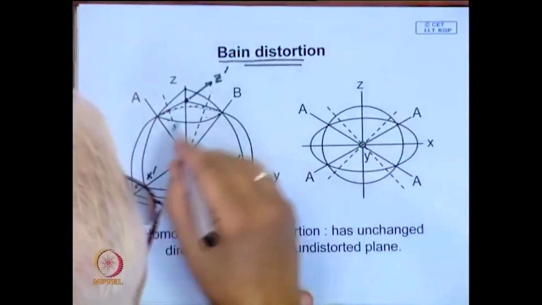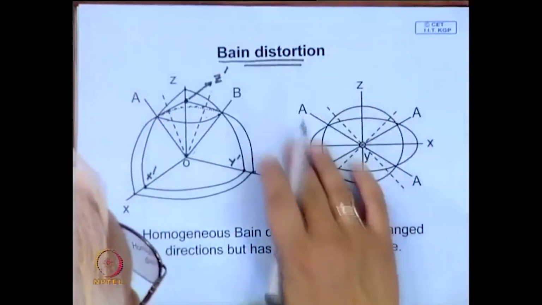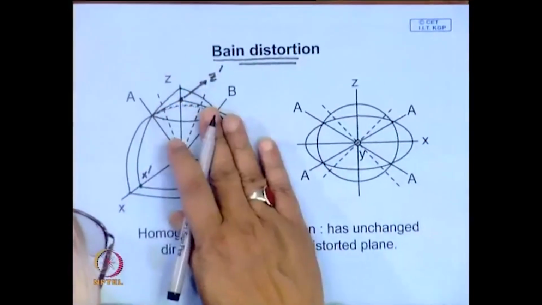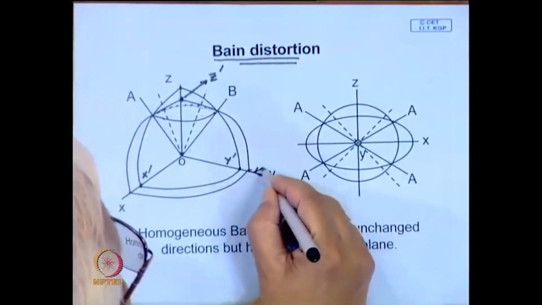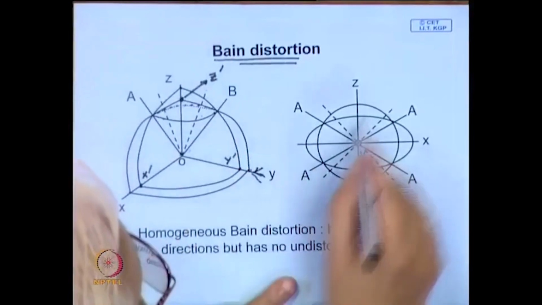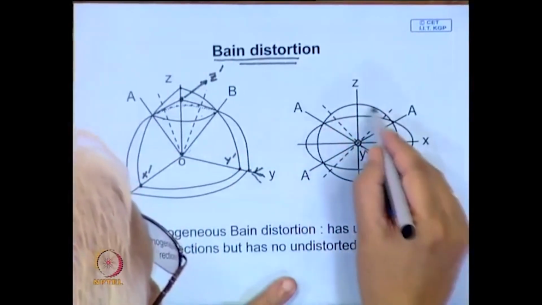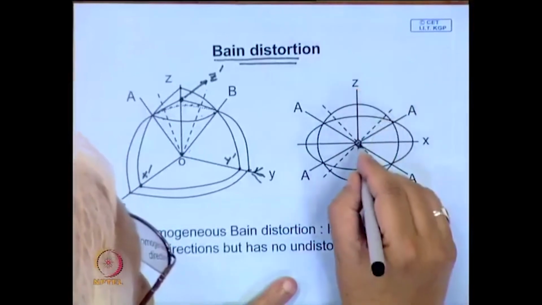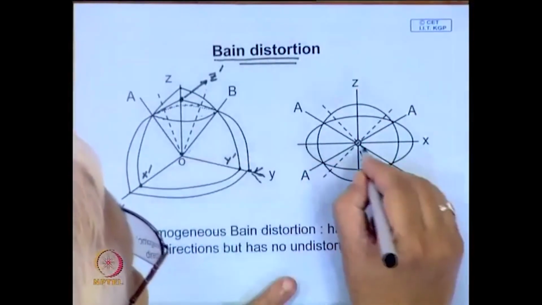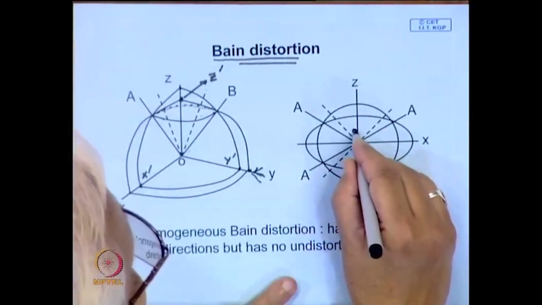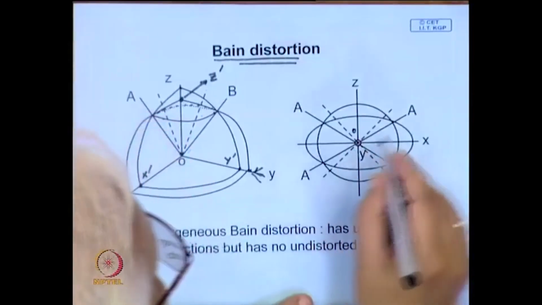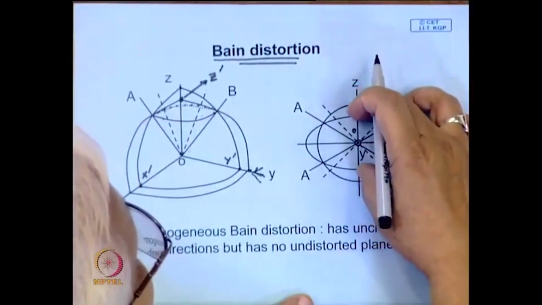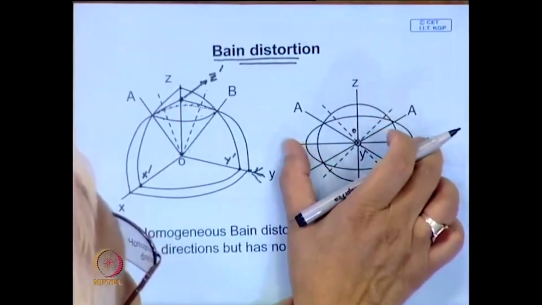Now, the question comes, is there a possibility, say suppose look at the same thing, here we have drawn a projection, looking from this direction, you look at it along the y axis. In that case, this is the sphere which is undistorted. Now, you have compressed it, and in that case that y point will be projected at the center. This is the origin also, and y will be located at the origin here. Now, imagine that this has compressed along this direction and in the x direction it has expanded.